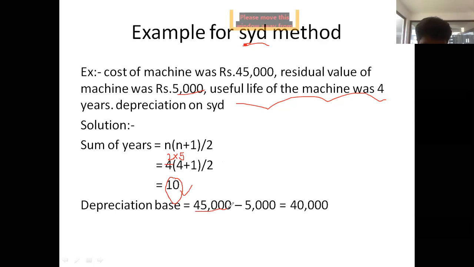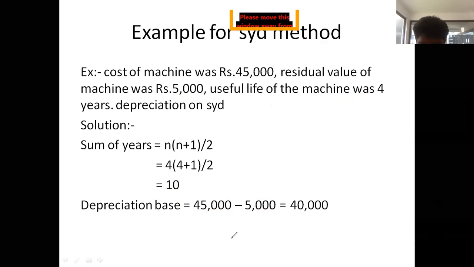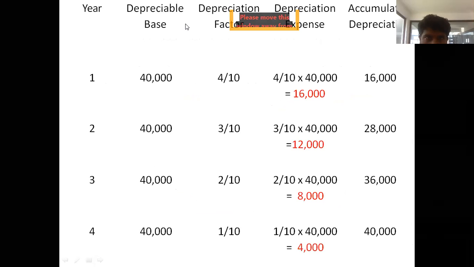Depreciation base: 45,000 is the original amount, and the scrap or residual value is 5,000. It gives about 40,000 depreciation base. With this base, the depreciation factor is 4 by 10.